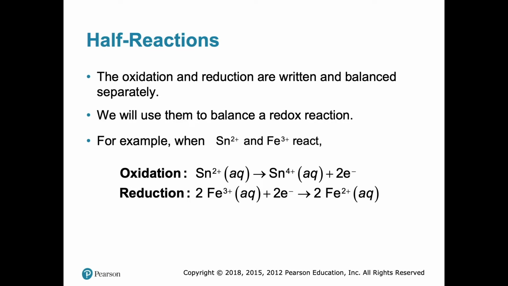So in redox reactions, we have to split the reaction in half, the reduction side and the oxidation side, and we have to balance them separately. Part of balancing it is putting in coefficients, which you've done before. But then you also have to balance out the charges by adding electrons, okay?